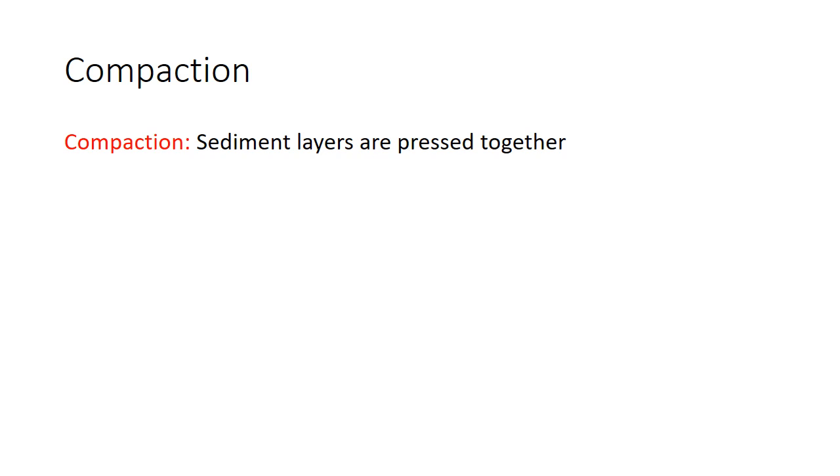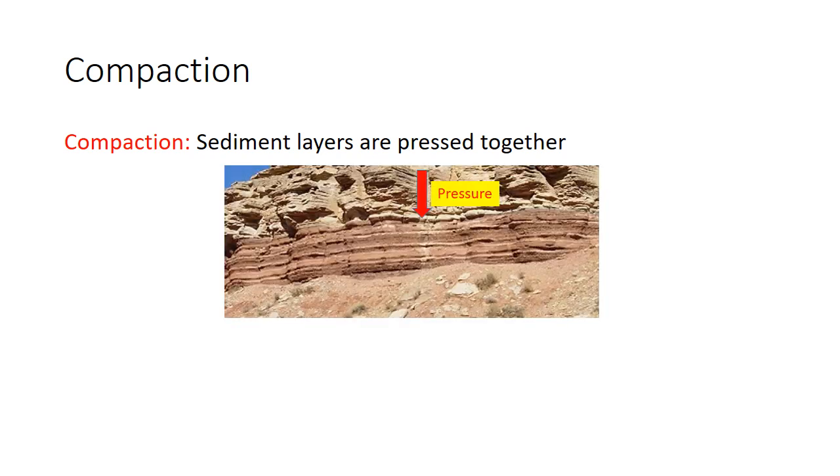Compaction is the third step. Compaction means when sediment layers are pressed together. Why are the sediment layers pressed together? Well, as the layers form on top of each other, the weight of the sediment on top presses on the layers below.